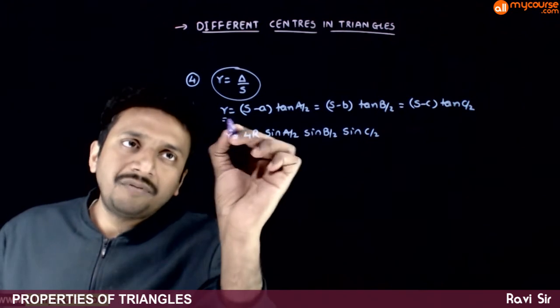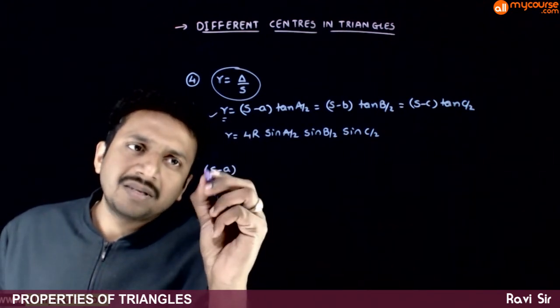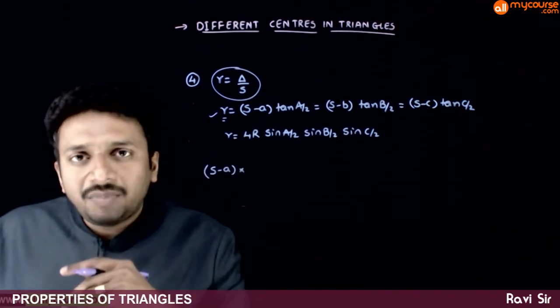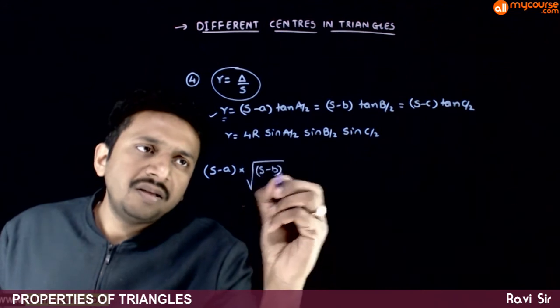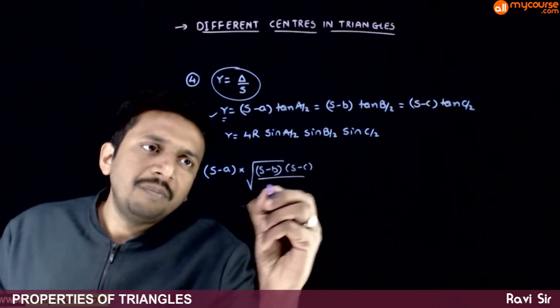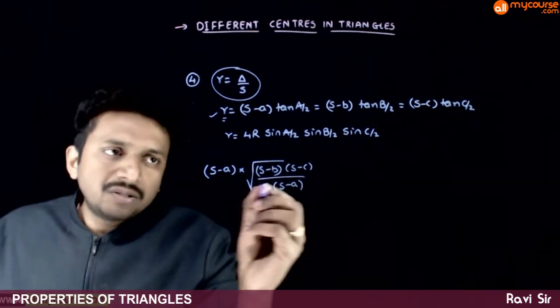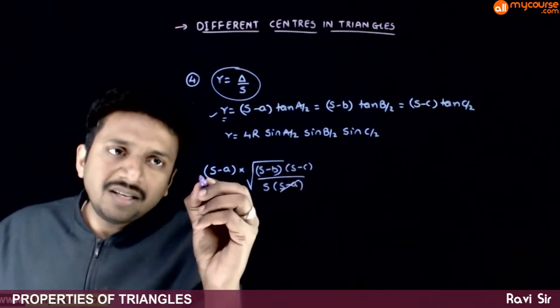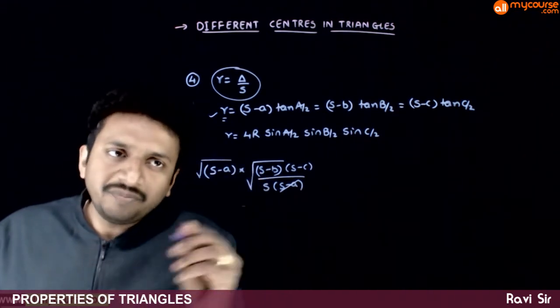So if you're asked to prove this, (s minus a) times, what is the formula of tan A by 2? Root of (s minus b) into (s minus c) by s times (s minus a). So this (s minus a) inside the root cancels one root (s minus a), and root (s minus a) is remaining.